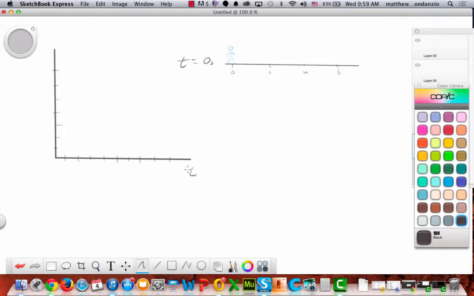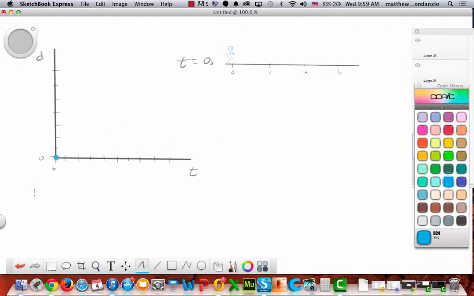All right, this is going to be time and position, or I'll even call it distance for the moment. But remember, distance being the position that I'm at. Okay, and we'll call this 0, 0. All right. At time equals 0, this shows that my guy is starting right here.